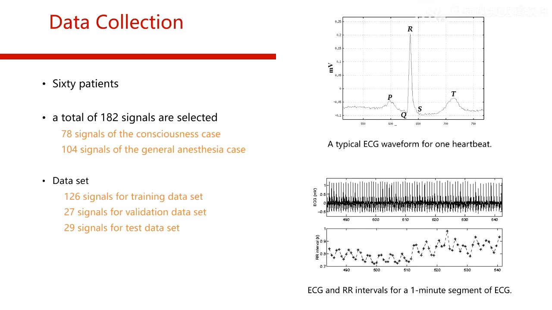In this study, our signals are mainly collected from 60 patients. A total of 182 signals are collected, including 78 signals of the consciousness and 104 signals of the general anesthesia.